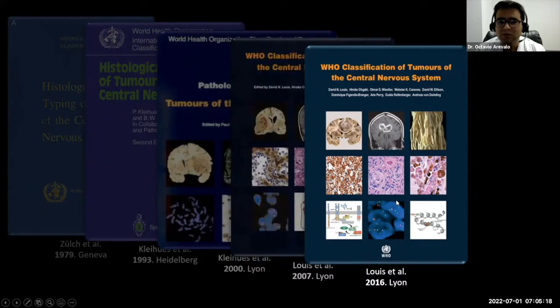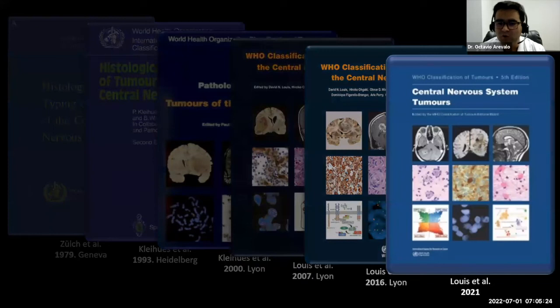And we had been working with this 4+ edition until 2021, when the formal fifth edition of the classification of the brain tumors was published. The actual book was published in January 2022.